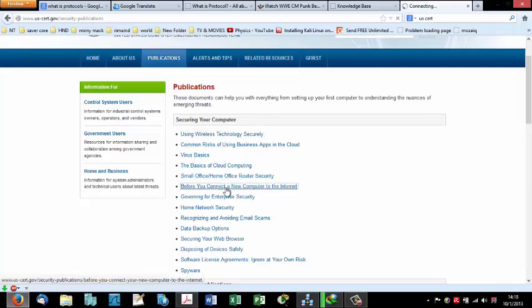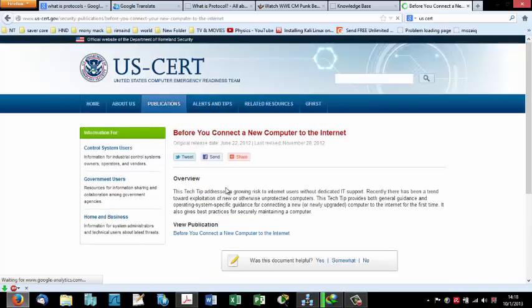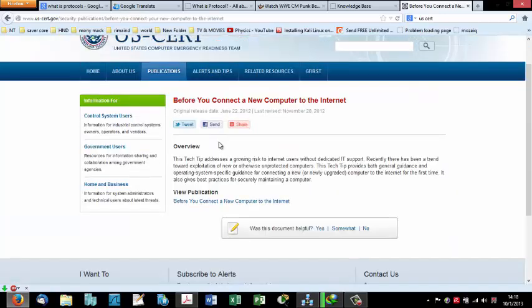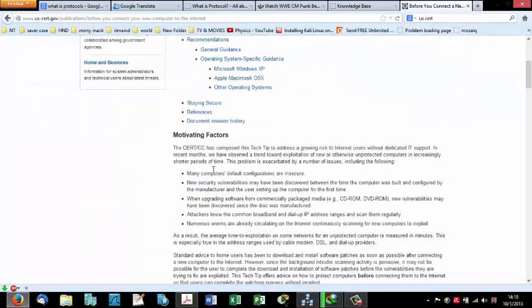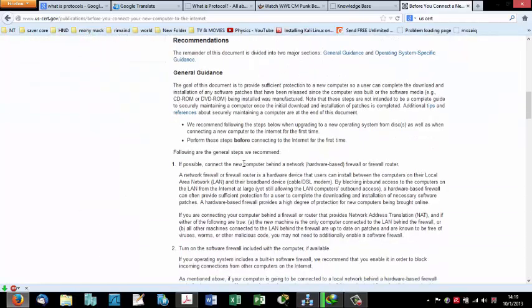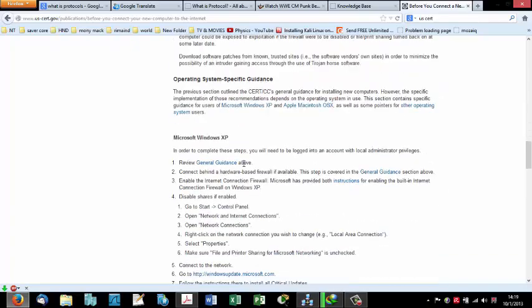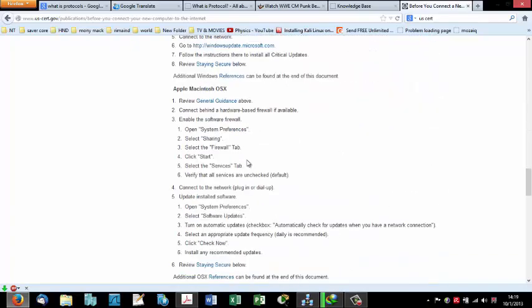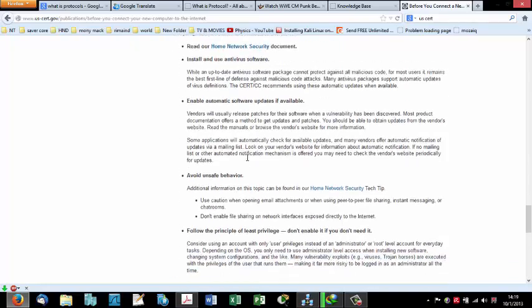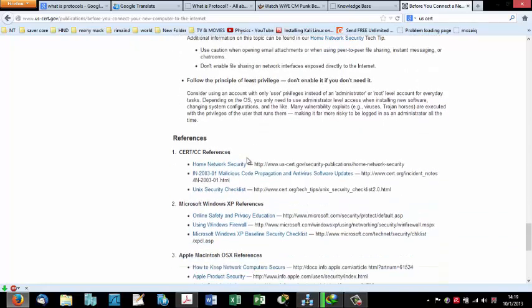This is what they are focusing on: motivating factors, recommendations, general guidance, everything step by step. Operating system specific guidance, depending on the firewalls, enabling automatic software updates if available, installing antivirus software. So they come up with different references depending on different channels. So that is what the social impact really is.